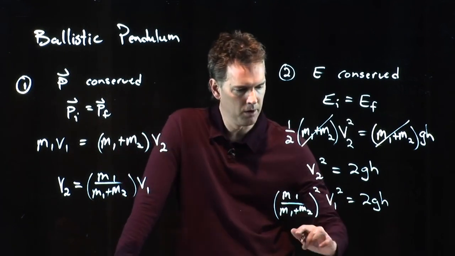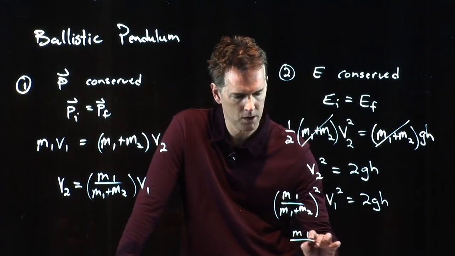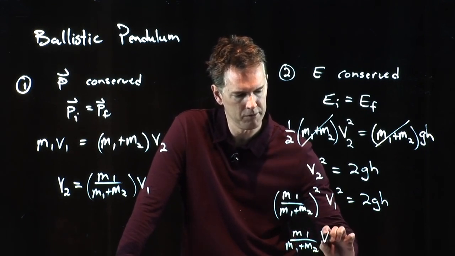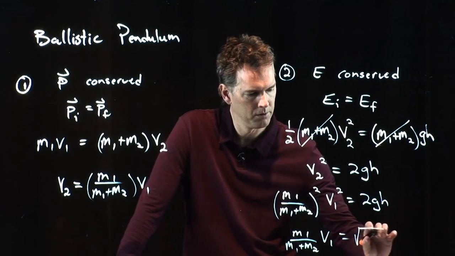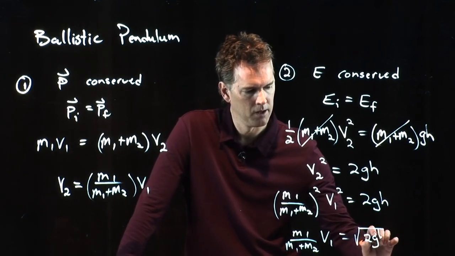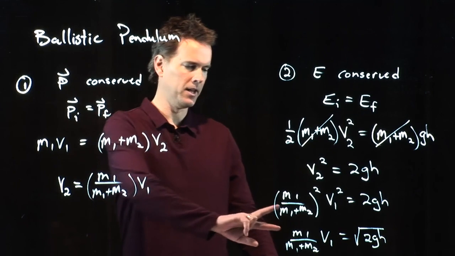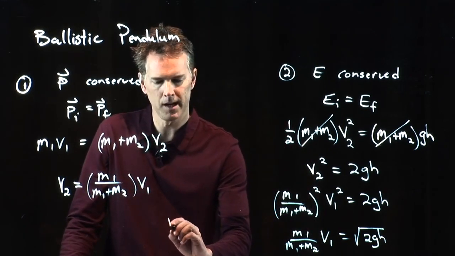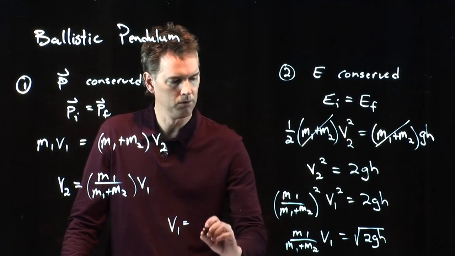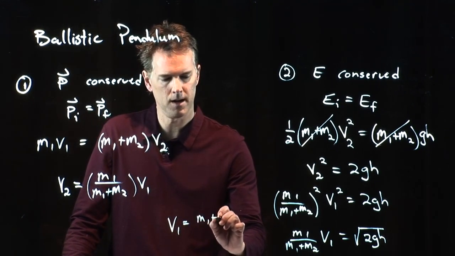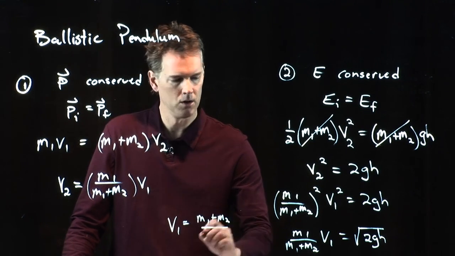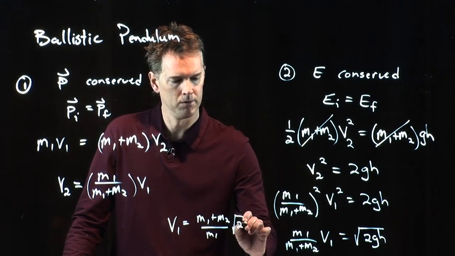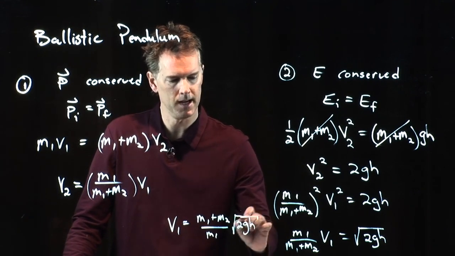Let's take the square root of both sides. m1 divided by (m1 plus m2) times v1 equals the square root of 2gh. And finally, I want to multiply by the inverse of that and move it over here. We get v1 equals (m1 plus m2) over m1 times the square root of 2gh.